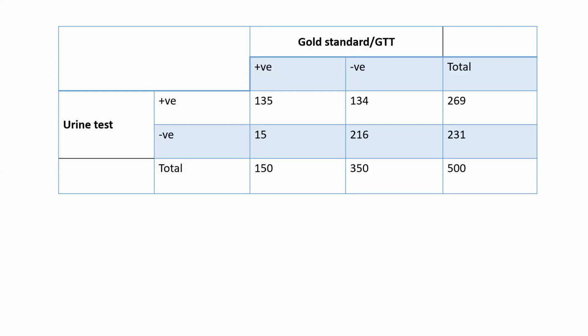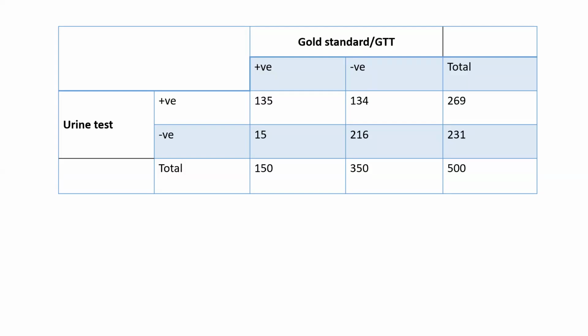But what are the true positive, false positive, true negative and false negative values here? True positive is 135. False positive is 134. True negative is 216.